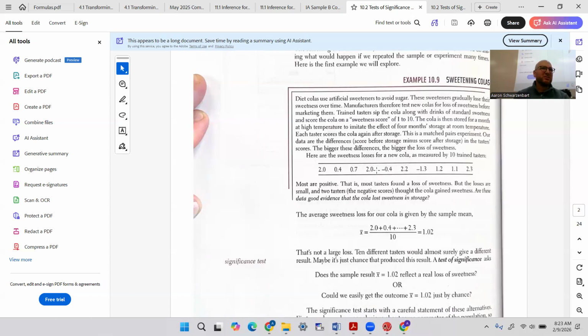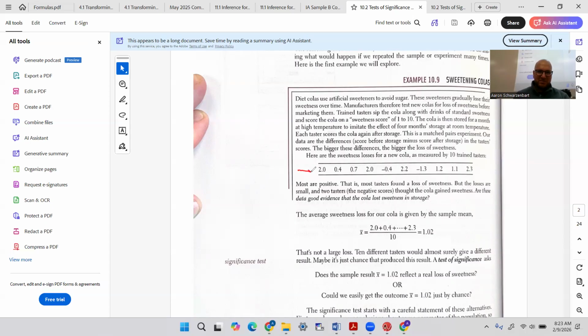Artificial sweeteners tend to lose sweetness as they sit. And so they did an experiment and they did some things to make it age like it had been sitting for 4 months. And they tested the sweetness loss.